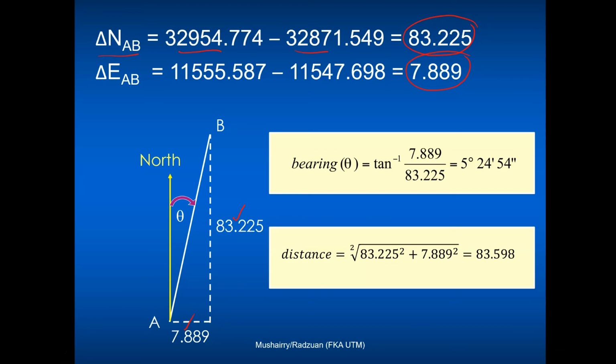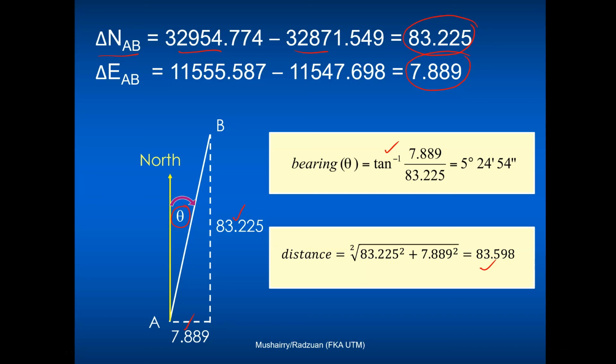To calculate the bearing, you simply need those numbers, and you can easily obtain it by using a tangent function. And the distance, of course, using Pythagoras. Based on those two numbers, you're going to get your distance. It's quite easy and straightforward.